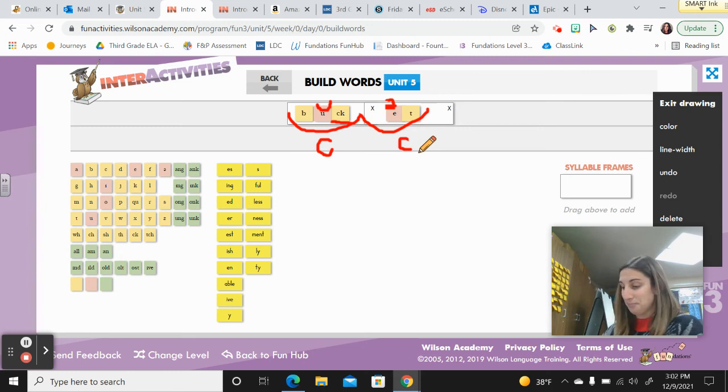Here's the sentence. You ready? I'll write it as you write it at home. That pronoun I is always a capital letter. I had to carry a bucket of, what do I want my bucket of?